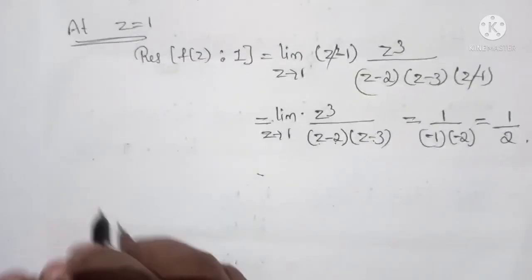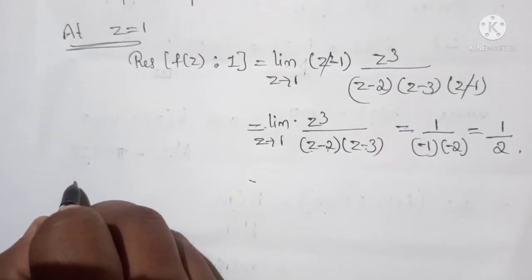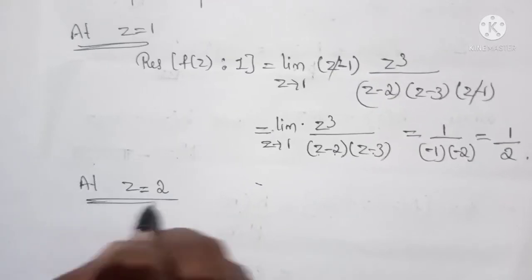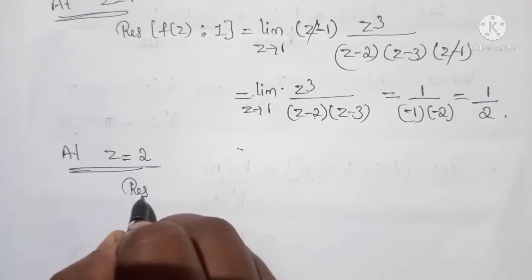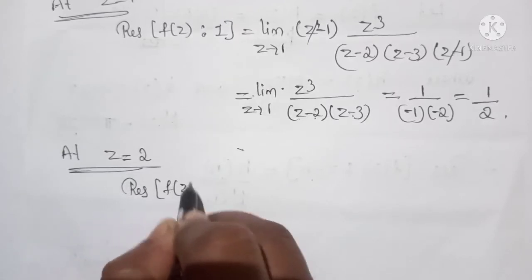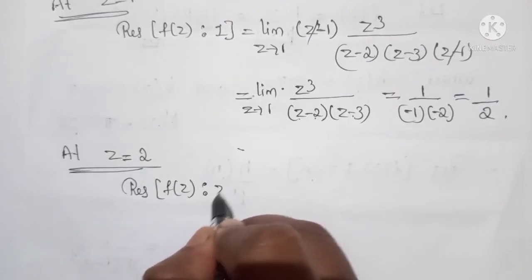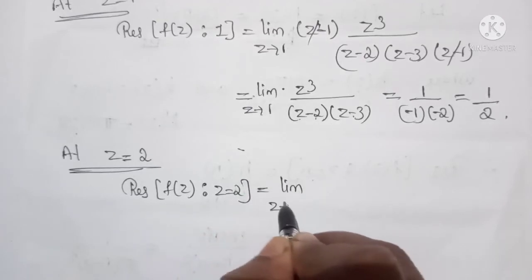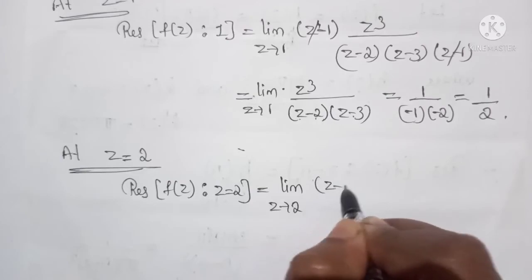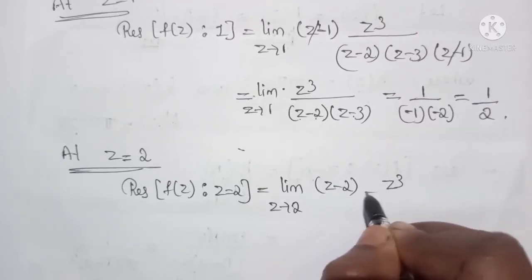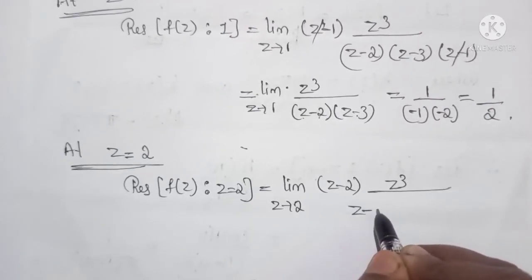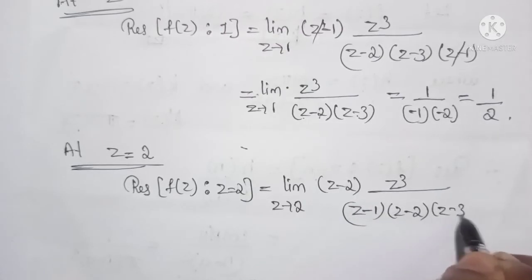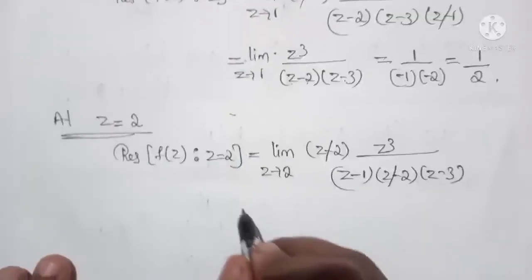Similarly, the residue at z equals 2 is the limit as z tends to 2 of z minus 2 into z cube divided by z minus 1, z minus 2, z minus 3. The z minus 2 cancels.